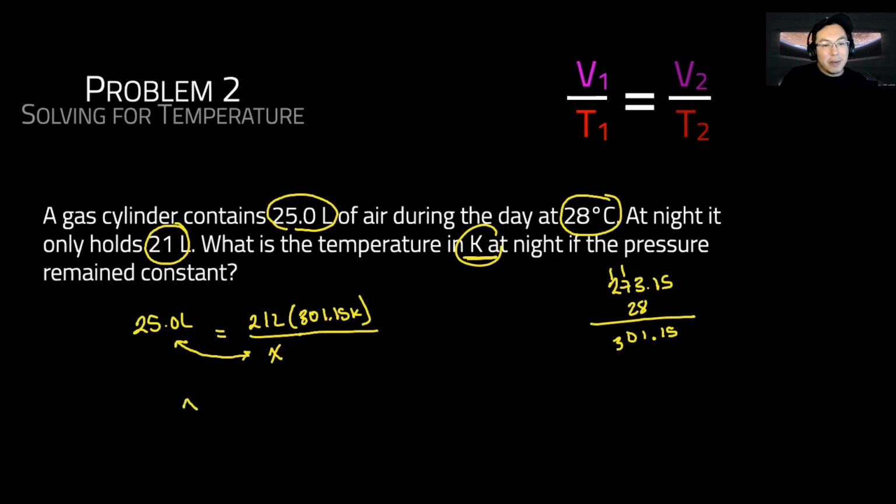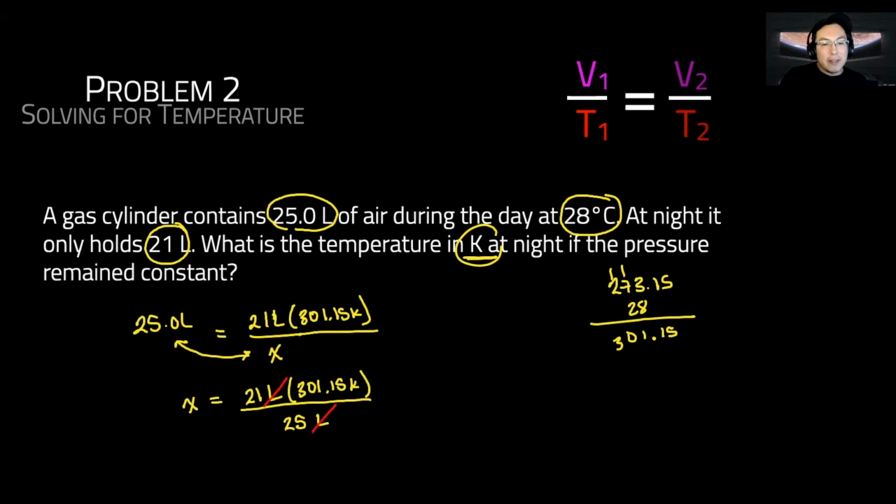So now you will get x equals 21, wait, that's 21 liters. Careful with this. So 21 liters multiplied by 301.15 Kelvin over 25 liters. This is, in a summarized way, how to solve for x.